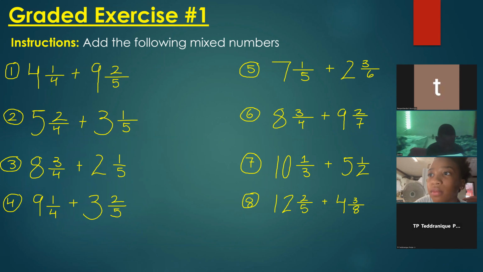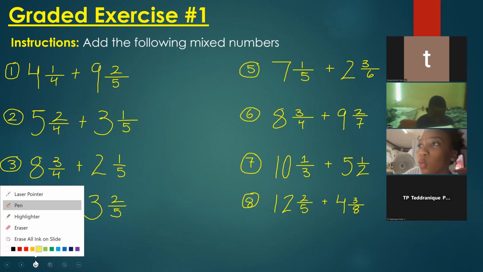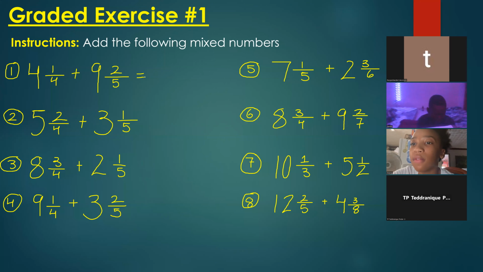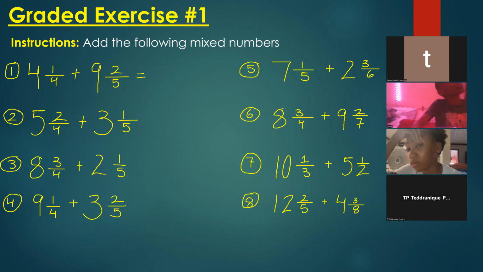All right, so let's complete number 1. Number 1. What's your answer, DeAndre? 13 over 20.